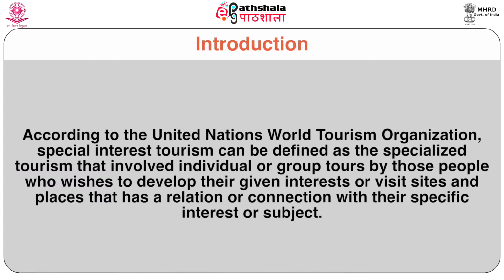According to the United Nations World Tourism Organization, special interest tourism can be defined as specialized tourism that involves individual or group tours by those people who wish to develop their given interest or visit given sites and places that have a relation or connection with their specific interest or subject.